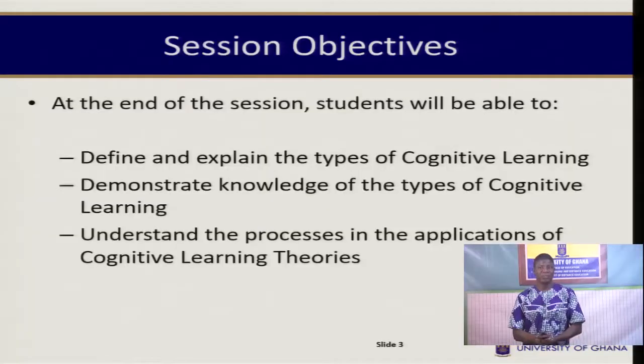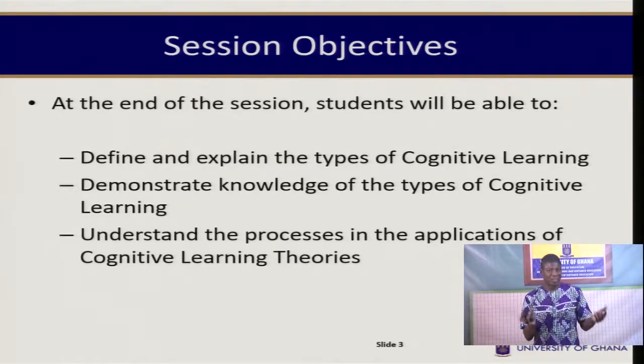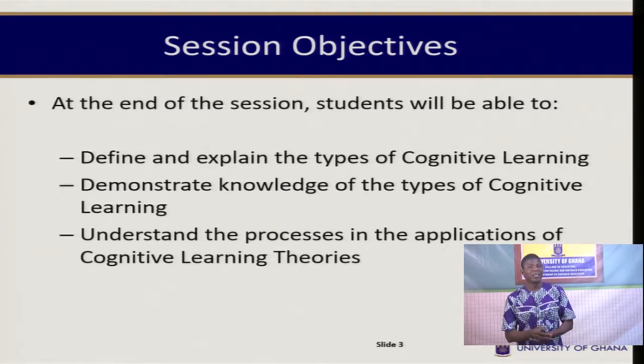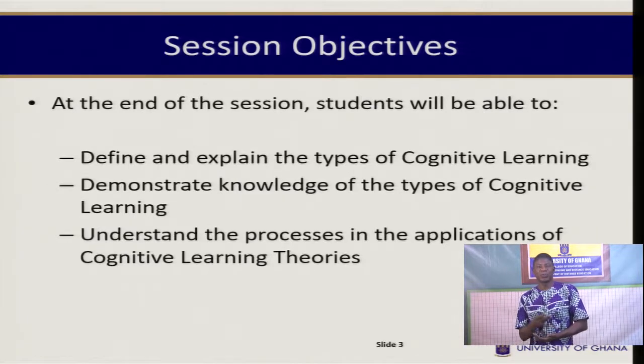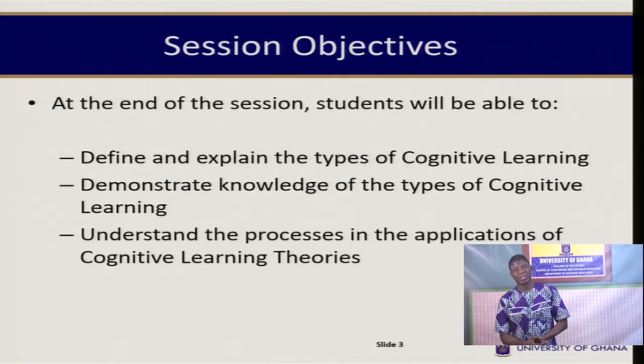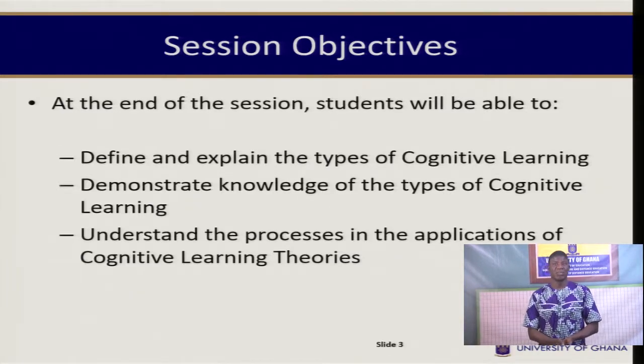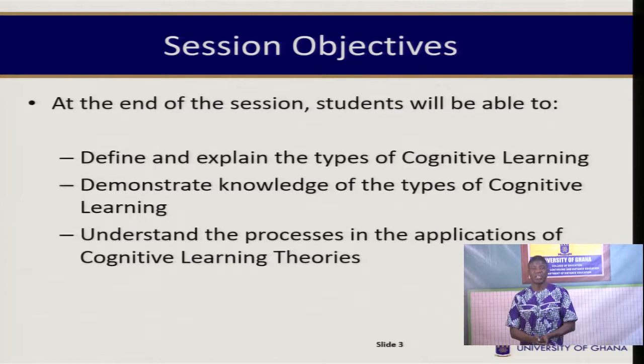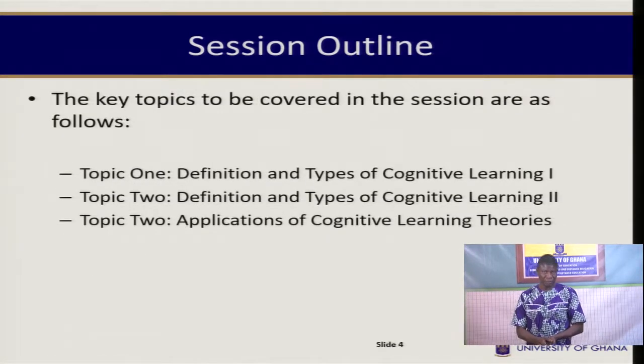We expect that after discussing this session, you, the students, will be able to define and explain the types of cognitive learning, demonstrate knowledge of them, and further understand the processes and the application of cognitive learning theories in our everyday life situations.